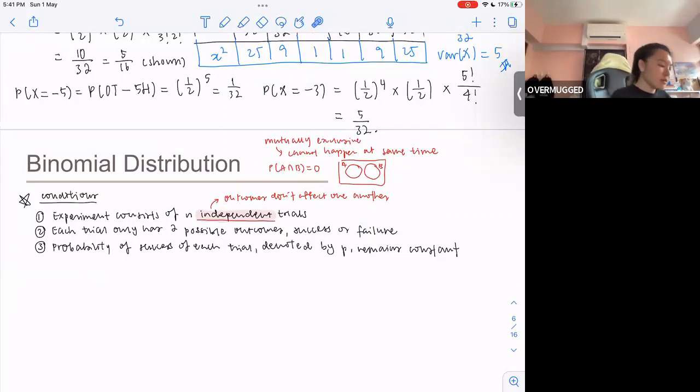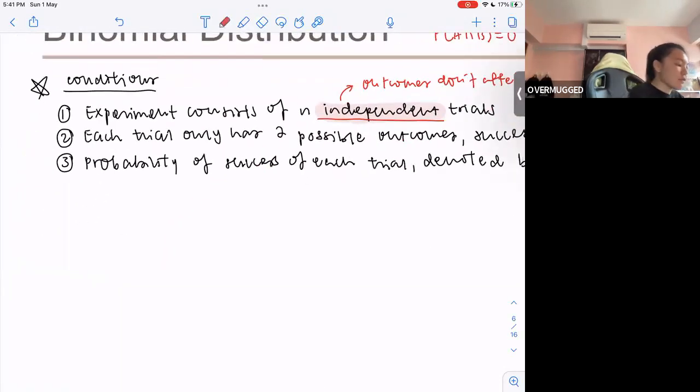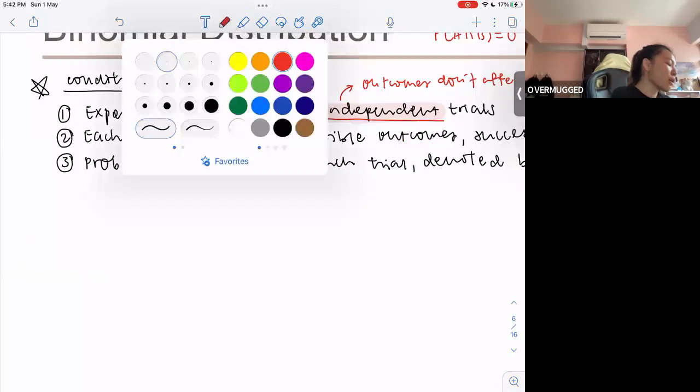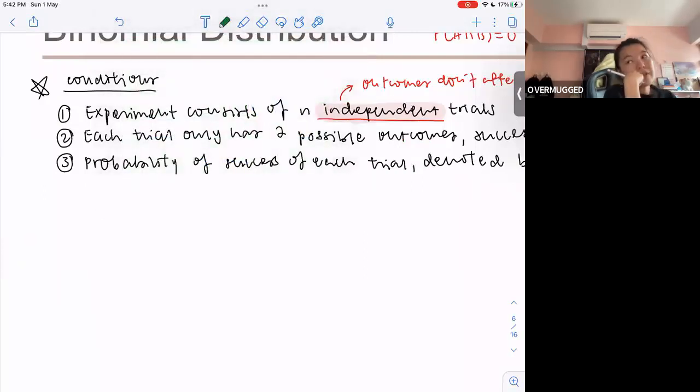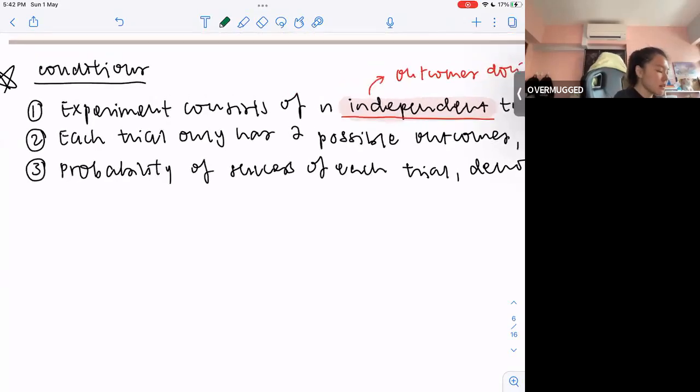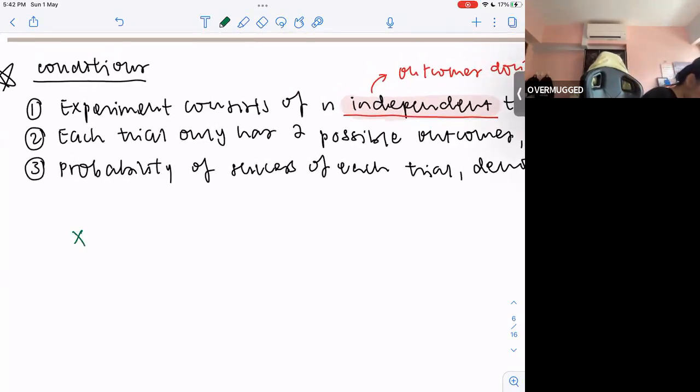And for binomial, and actually even for your normal, you have to define a random variable. So let the random variable X be the number of successes, the number of hits obtained out of how many experiments you're doing, like out of 5 outcomes, for instance. So your binomial distribution will be as follows.